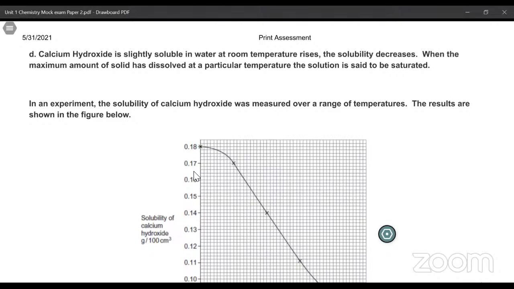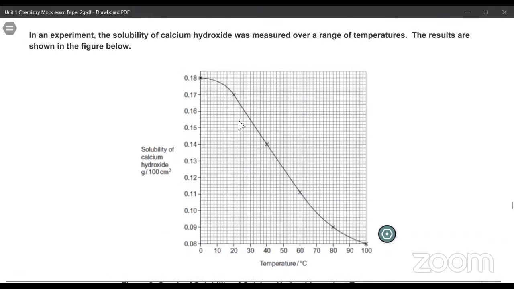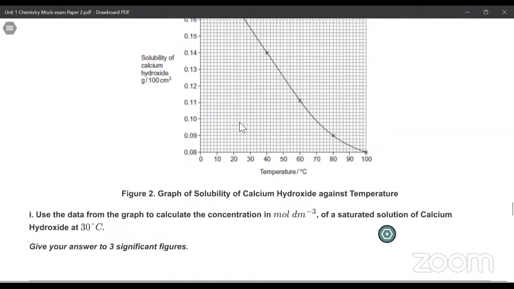So here it says calcium hydroxide is slightly soluble in water at room temperature, and as temperature rises, the solubility decreases. Now, when the maximum amount of solid has dissolved at a particular temperature, the solution is said to be saturated. In the experiment, the solubility of calcium hydroxide was measured over a range of temperatures. The results are shown in the figure below.